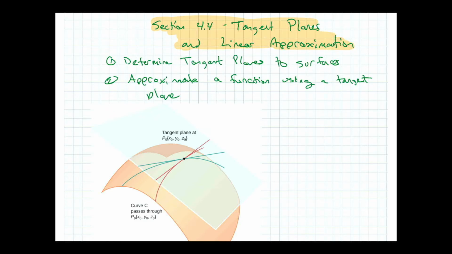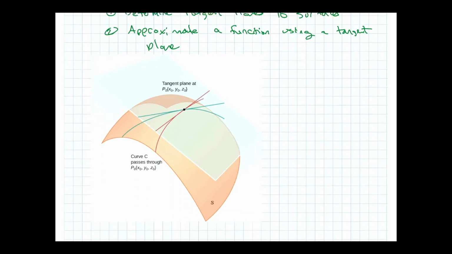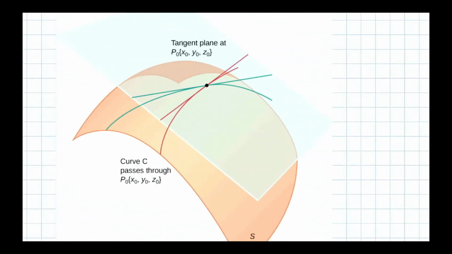So first thing is, what is a tangent plane? Hopefully this picture here will answer those questions. What you've got going on here is this surface, and if you pick a point on the surface, there's going to be a plane that is tangent to the surface.